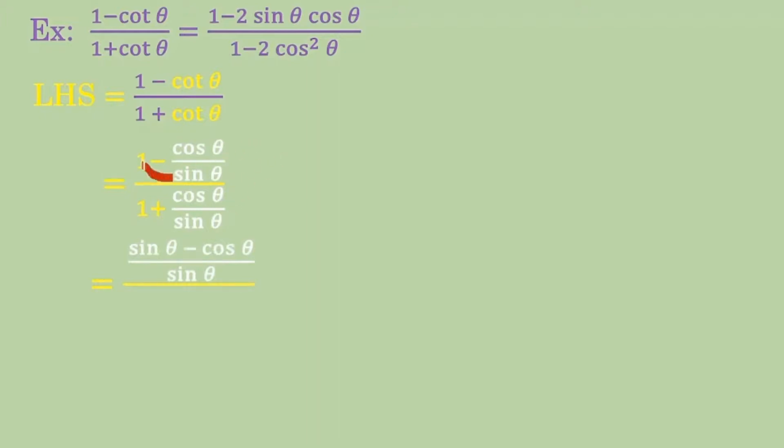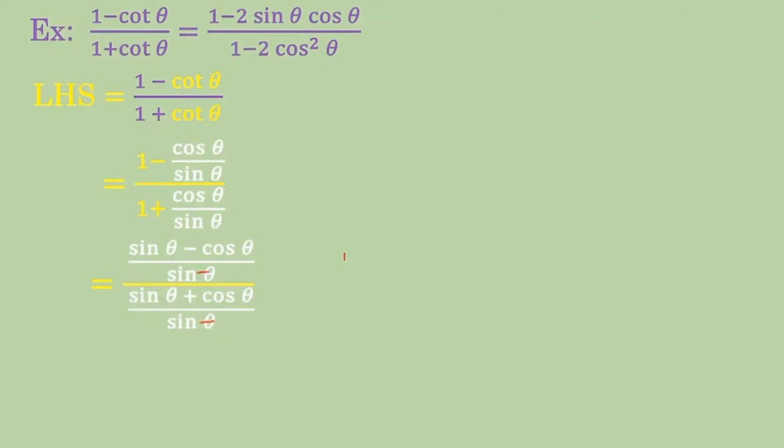sin theta minus cos theta upon sin theta divided by sin theta plus cos theta upon sin theta.